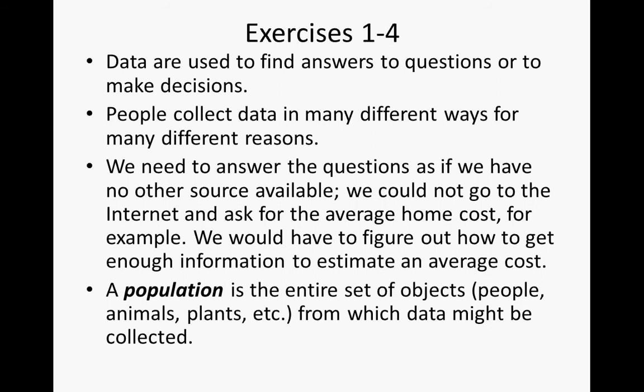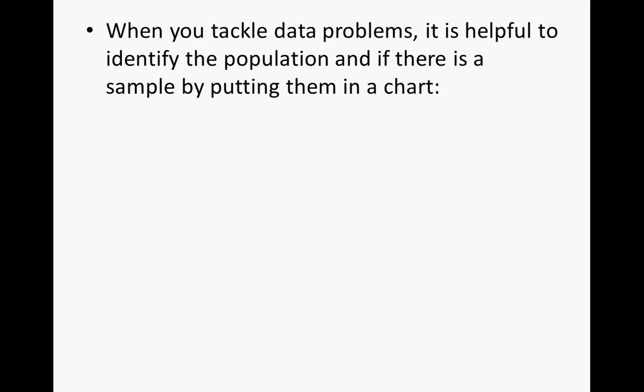So let's remember, a population is the entire set of objects, whether it be people, animals, plants, etc., from which data might be collected. And a sample is a subset of that population. So when you tackle data problems, it is helpful to identify the population and if there is a sample by putting them in a chart.